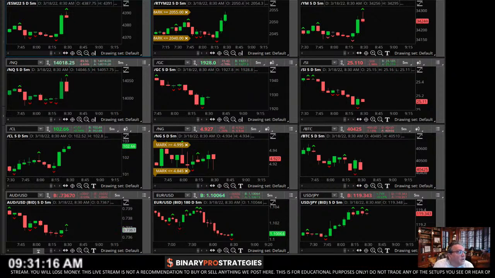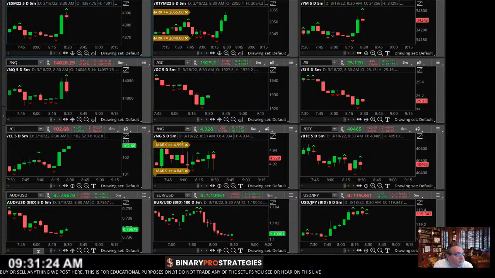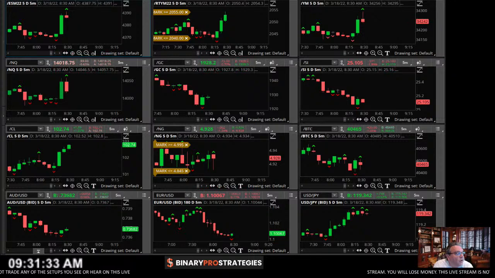Reversal on YM, if we need to reverse, is going to bring us down to 341.50. That would be our reverse sell if we don't hit target.